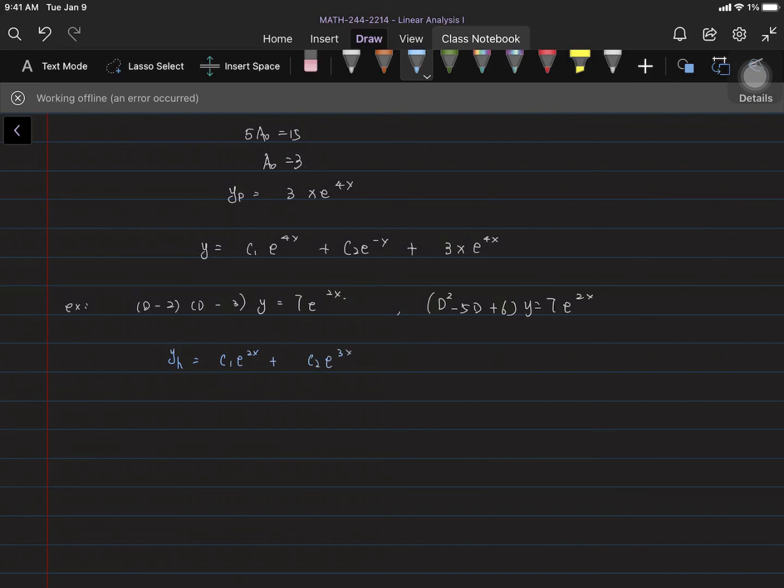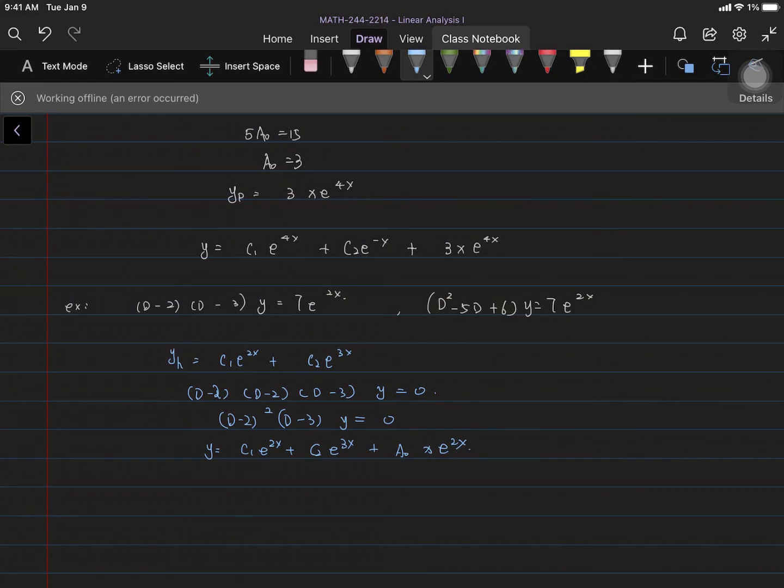And next I multiply the annihilator on both sides, and the annihilator should be D minus 2. And the right side becomes 0. And this means my solution should be e to the 2x, e to the 3x, x e to the 2x.